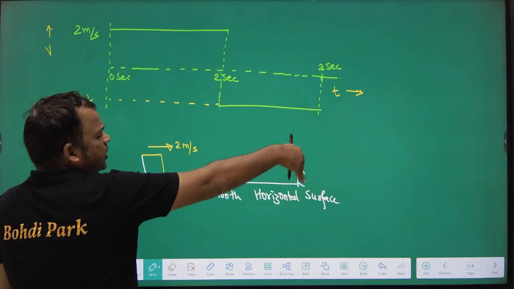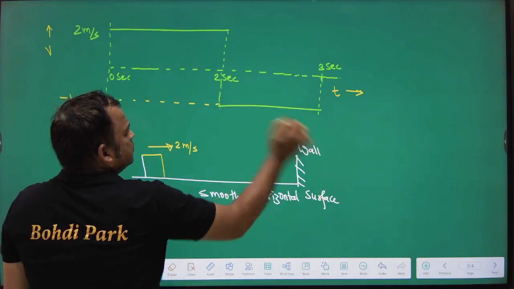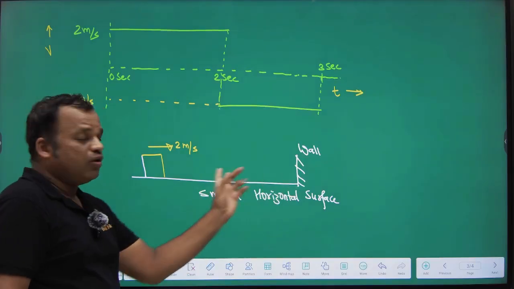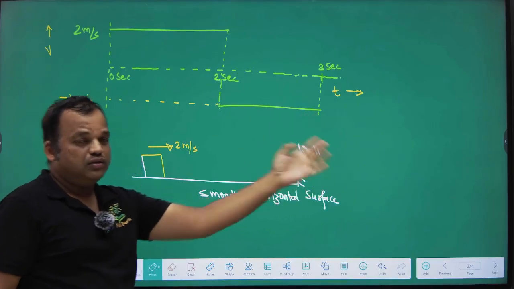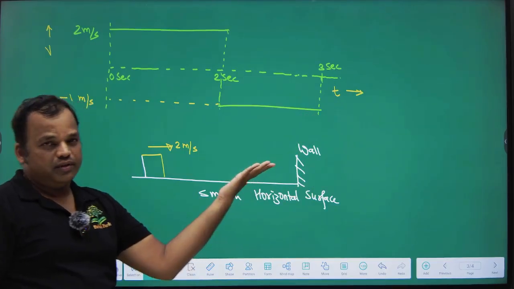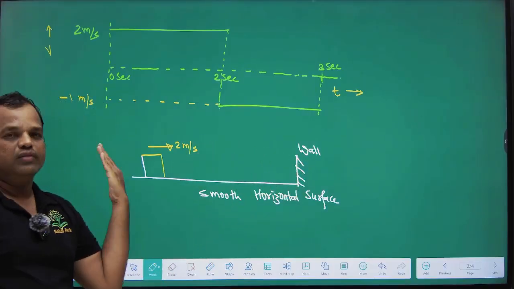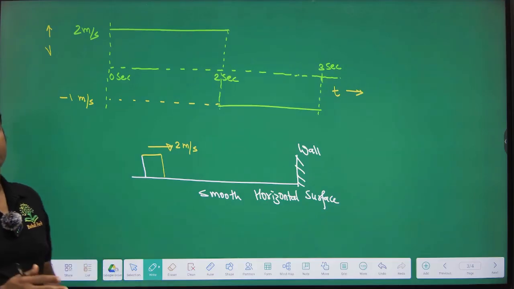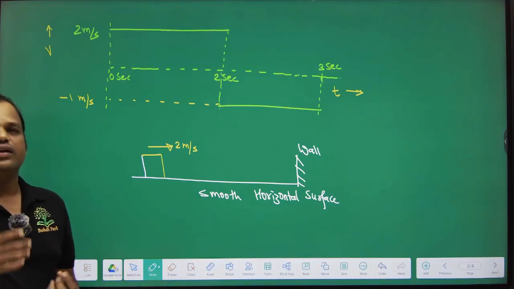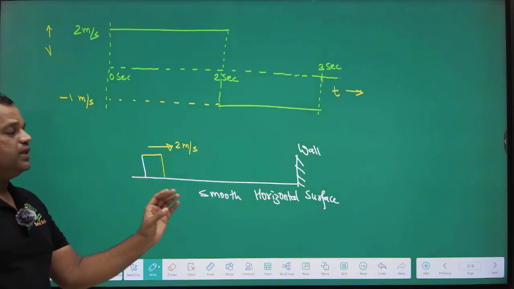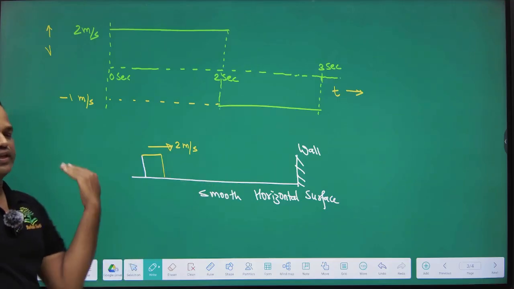Then after collision with the wall, this wall is an obstruction. It will not allow this block to cross the wall. So the block has only one option left. It will hit the wall and it will rebound. We are assuming that the collision is not perfectly inelastic. The block is not sticking with the wall. Instead, it is rebounding leftward.